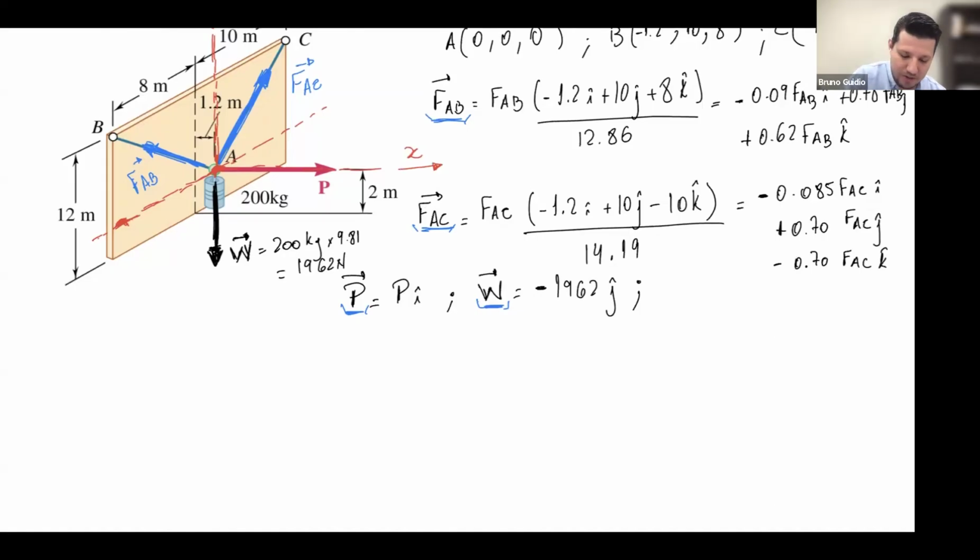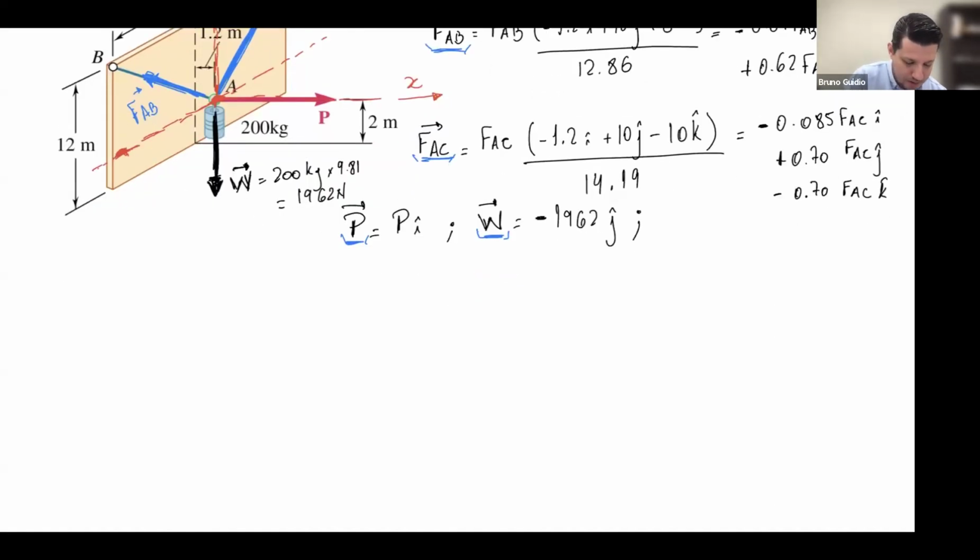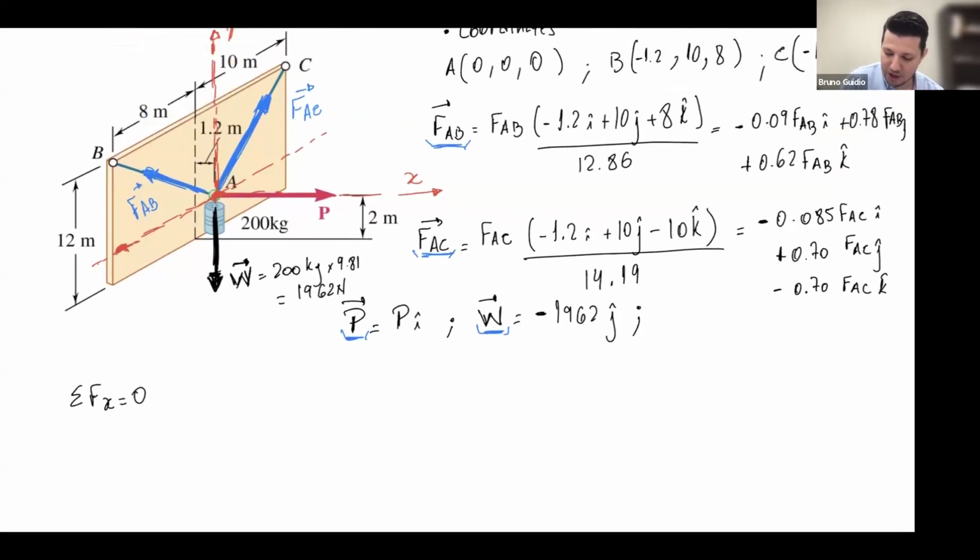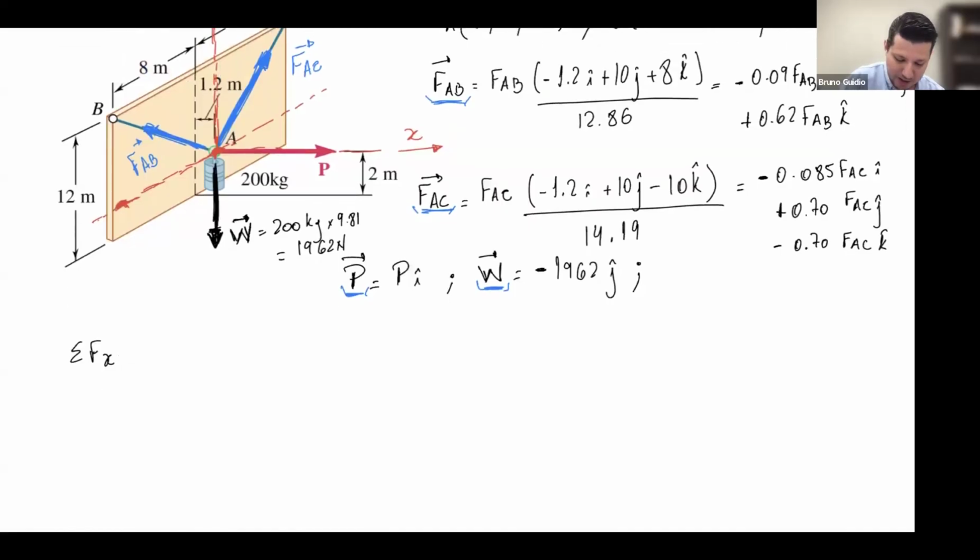And what should I do? The sum of the forces in X should be 0. Actually, let's do the colors once again. I like the colors so we can follow somehow.